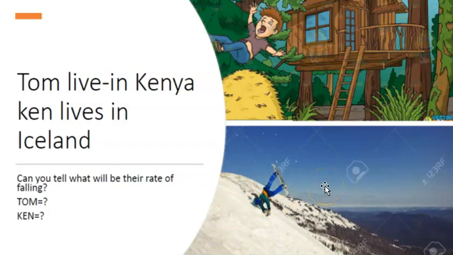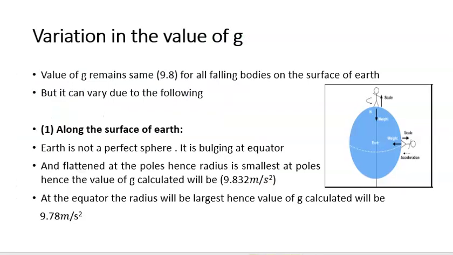Hint: Iceland is at the poles. Kenya is at the equator. So, Tom, what will be the rate? He's in Kenya, so 9.78 meter per second square. And what about Ken, who is in Iceland? 9.832 meter per second square.